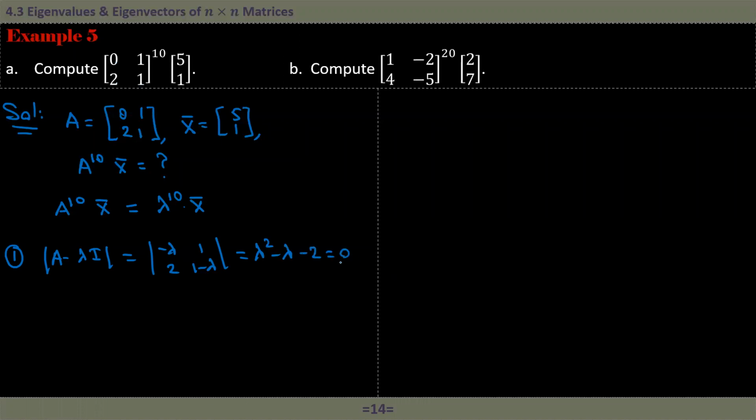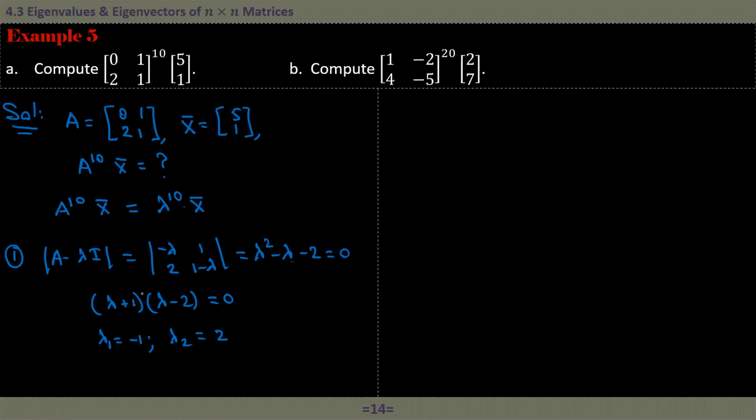That's equal to 0. It's just a quadratic equation, and if you factorize this, we have lambda plus 1 and lambda minus 2 equal to 0. Expanding, lambda squared minus 2 lambda plus lambda is negative lambda minus 2. That's correct. So lambda 1 is equal to negative 1, and lambda 2 is equal to 2.